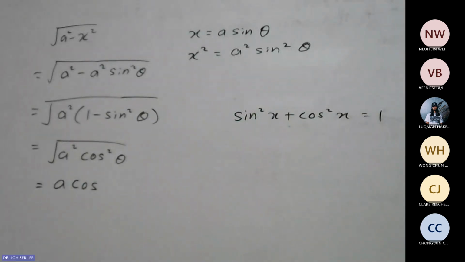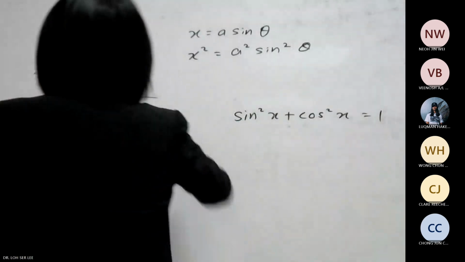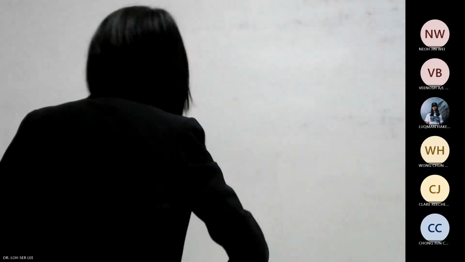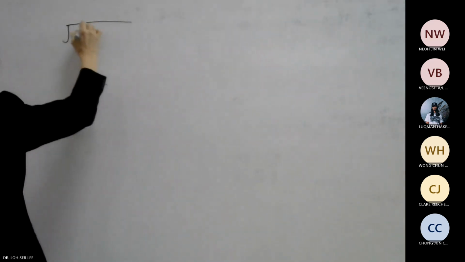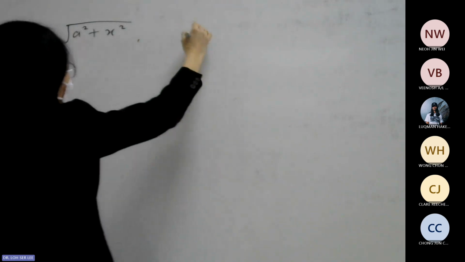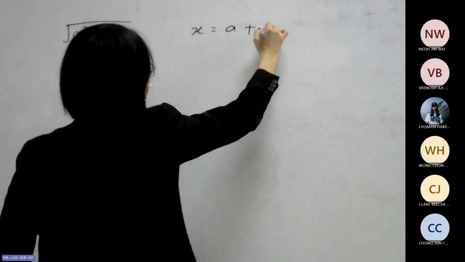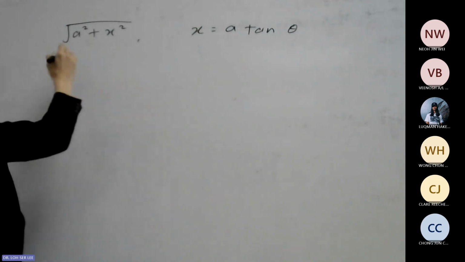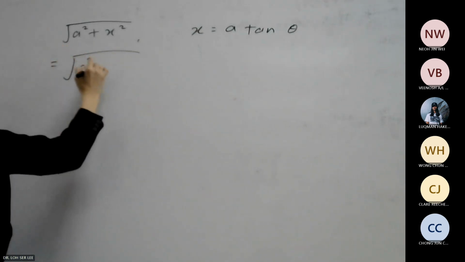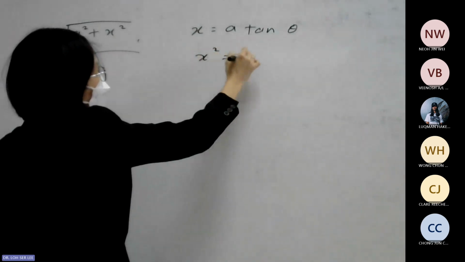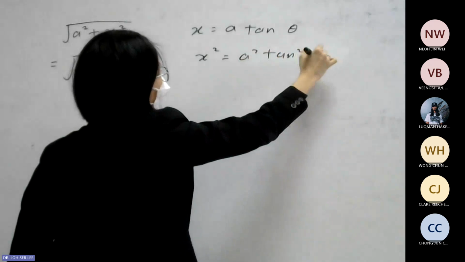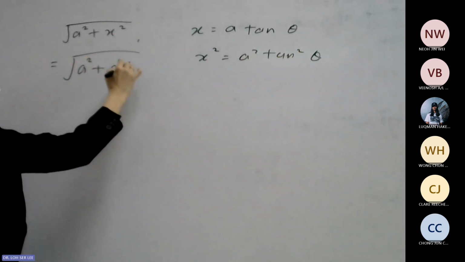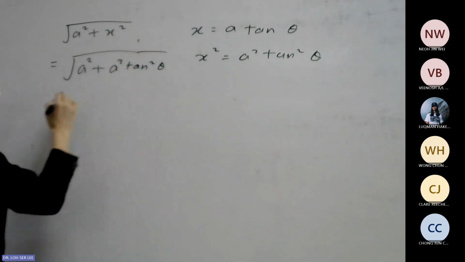Another case, a squared plus x squared. For this, we need to use x equals a tangent theta, because your x squared will be a squared tangent squared theta.